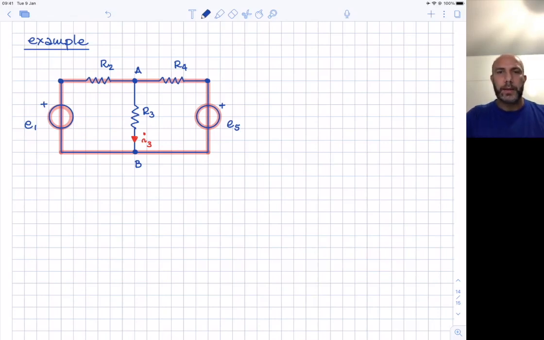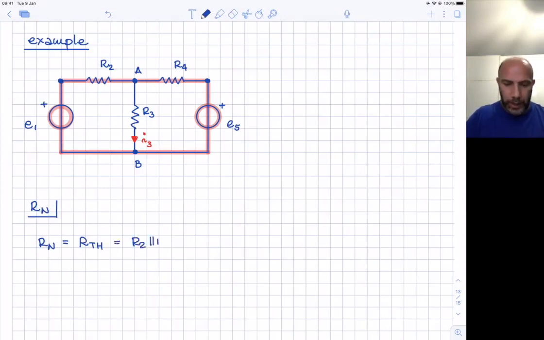This is the exercise that we solved before, and so we know that the equivalent resistance at the AB terminals, when we switch off the generators, is exactly the resistance that we have already calculated for the Thevenin's two-terminal component, and so it's R2 in parallel with R4.